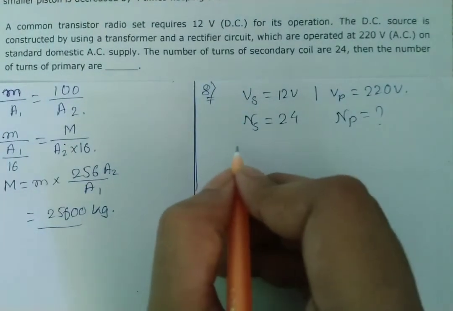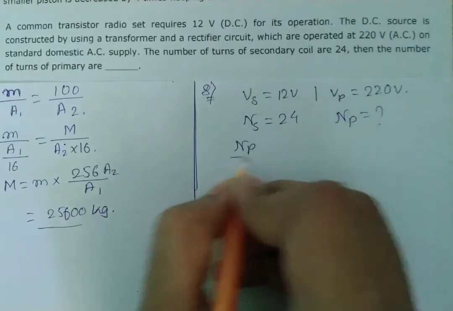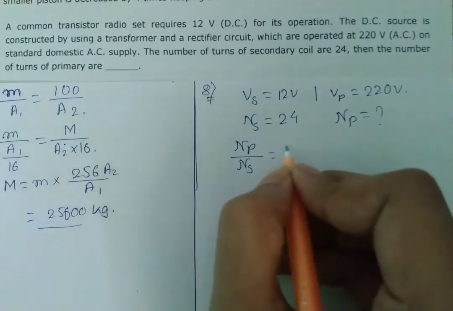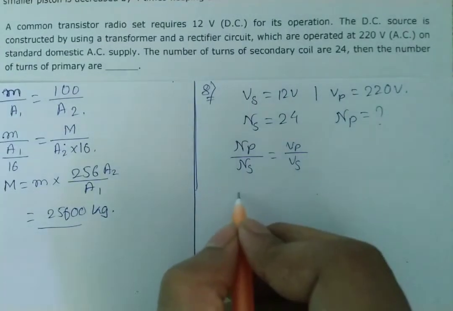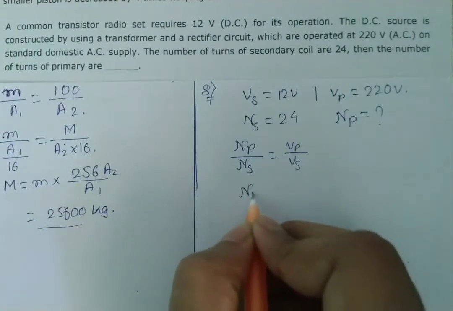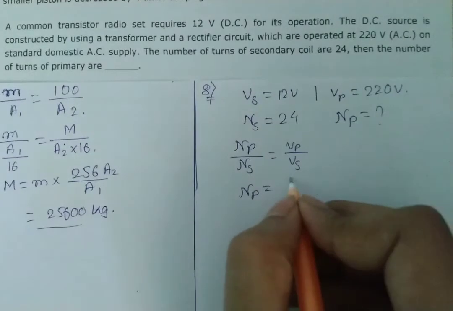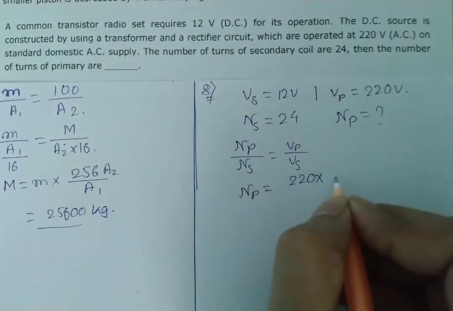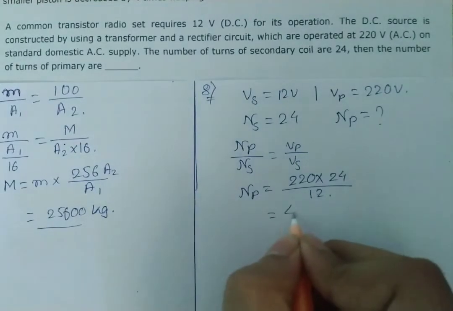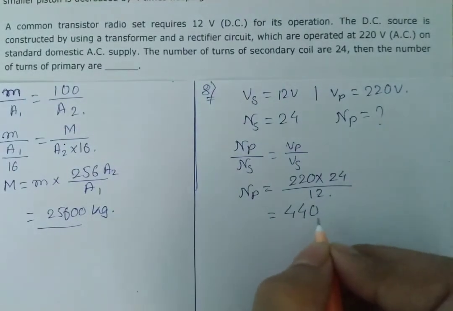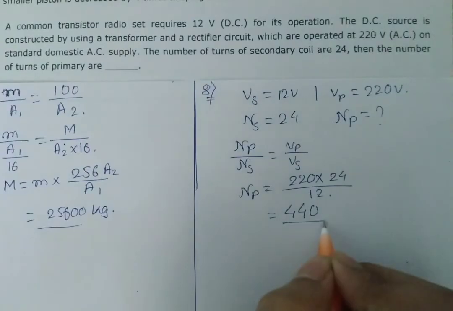We know that Np by Ns will be equal to Vp by Vs. Putting in the values, Np will be equal to 220 into 24 by 12. So this will be 440. The required answer is 440.